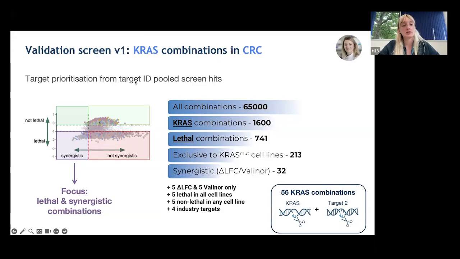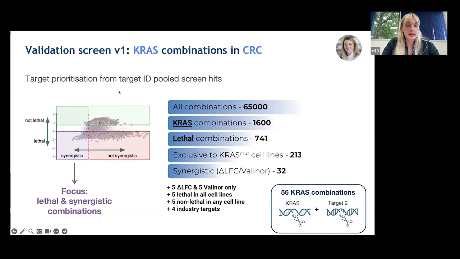We then applied a threshold on lethality, and this was based on the log fold change that we saw for the guides within the pooled screen. We applied an exclusivity threshold, so we screened both KRAS mutant and KRAS wild type cells. We wanted the effect to be only seen in KRAS mutant lines, which would increase the specificity of any downstream drugs.